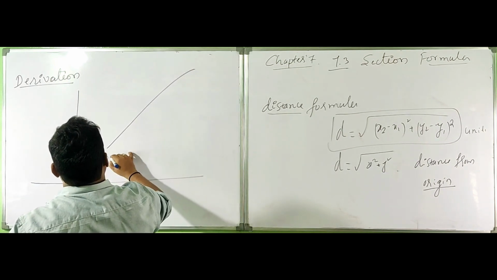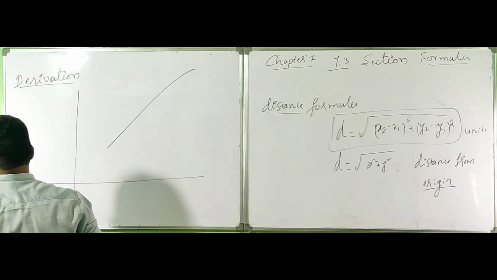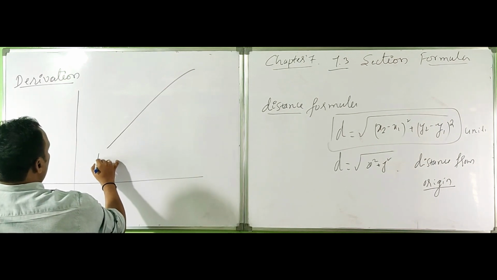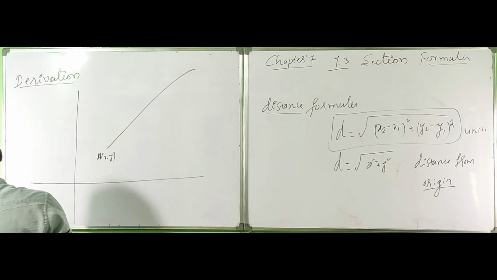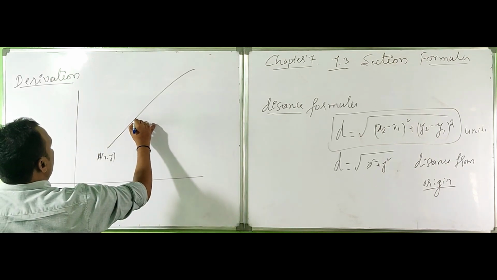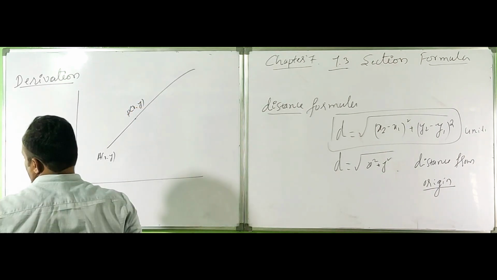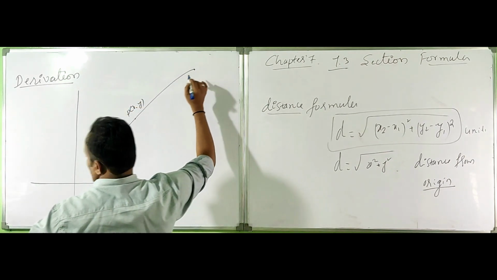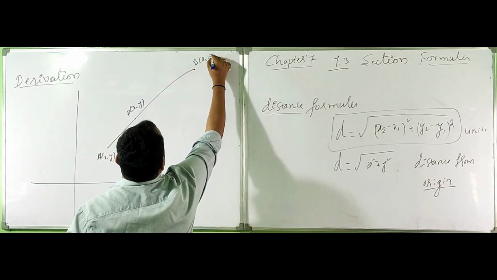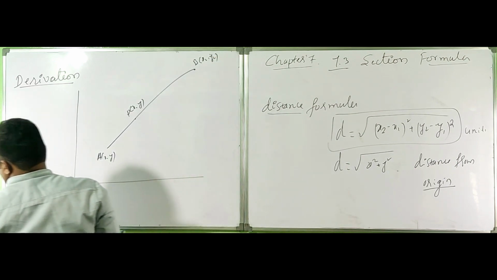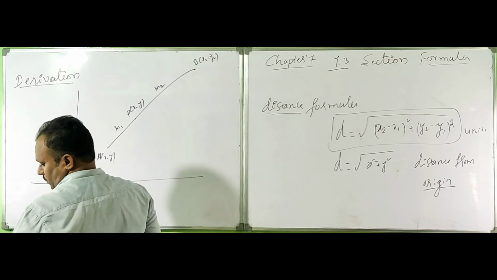Let's take the points: this is the point A, x and y, and the end point is B, x2, y2. And the ratio is m1 and m2.